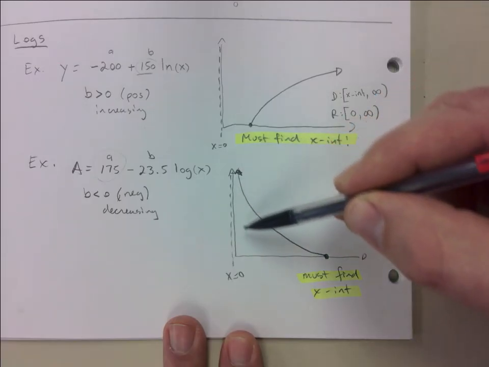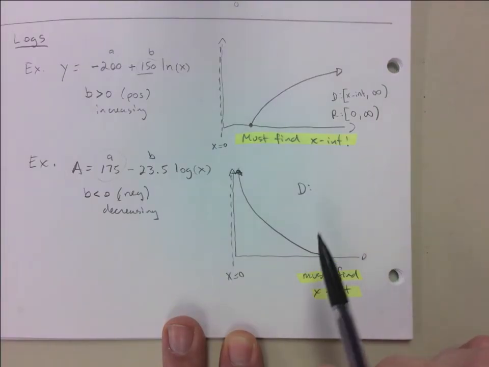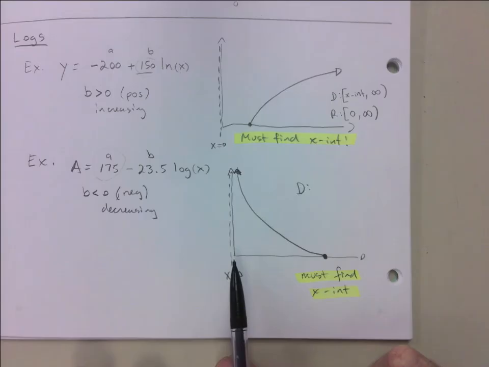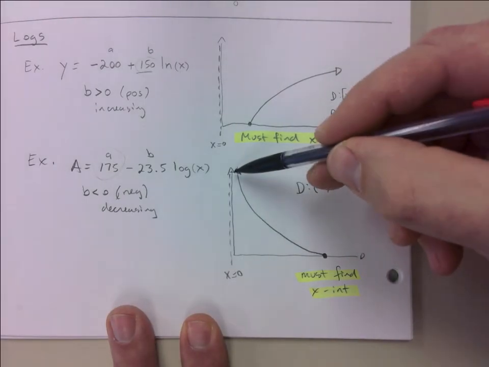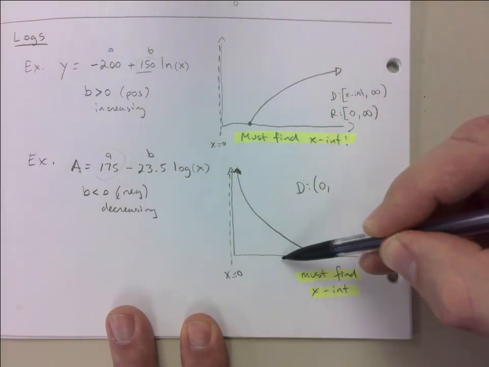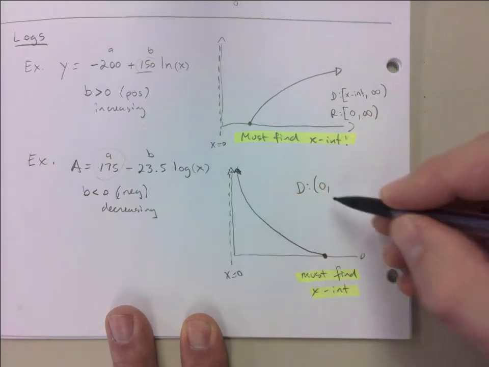My domain here, what's the lowest x value here? Almost 0. I say almost 0. It never touches. So you got to do round bracket. So 0 all the way to x-intercept. That's where the x value stops, right?